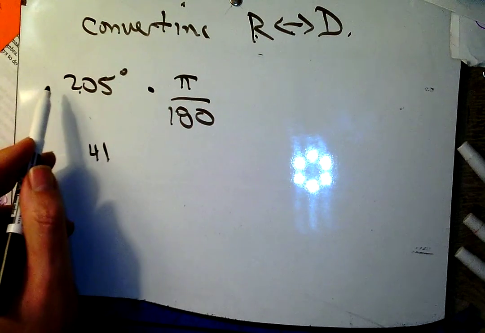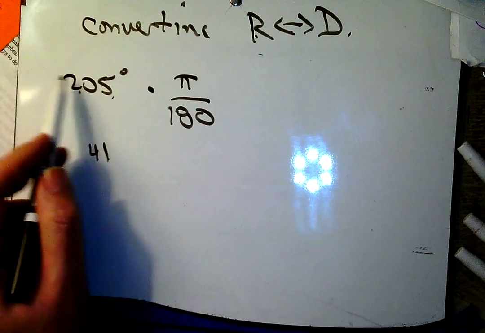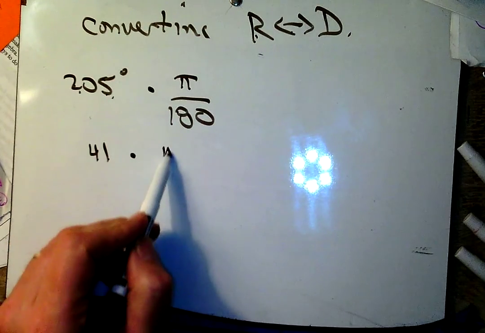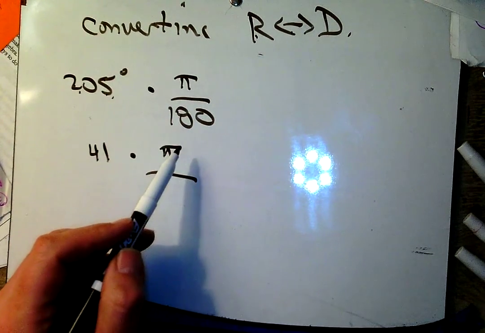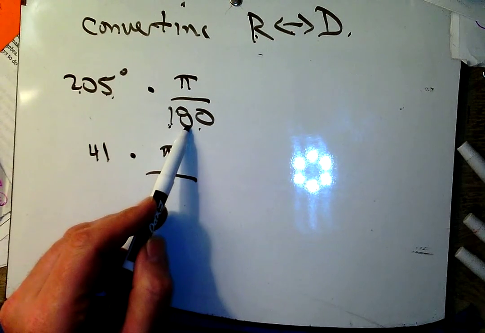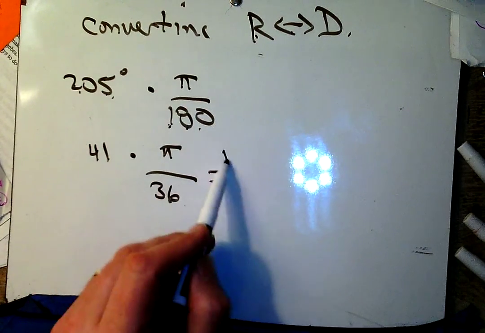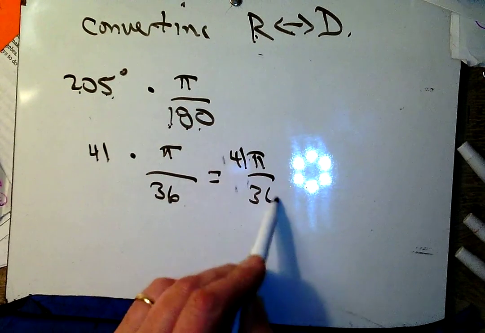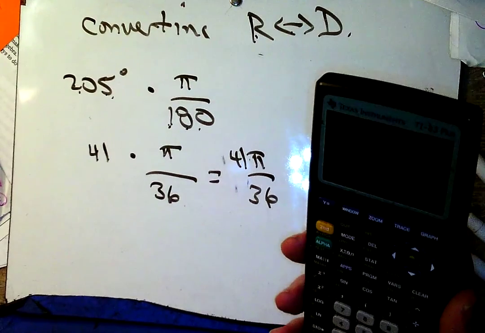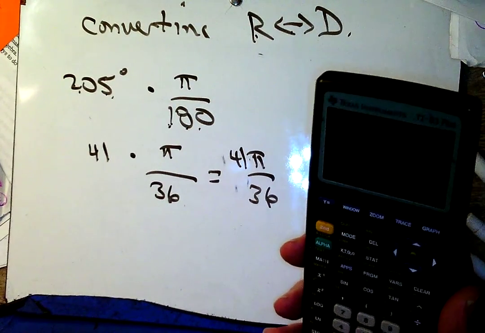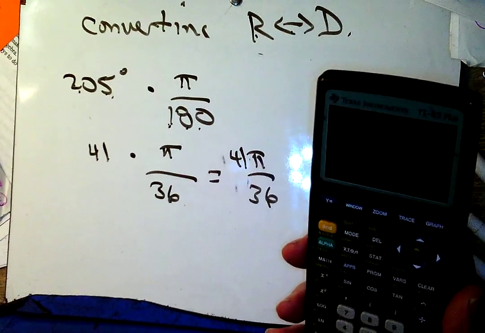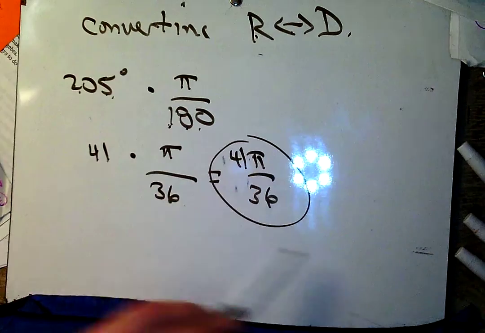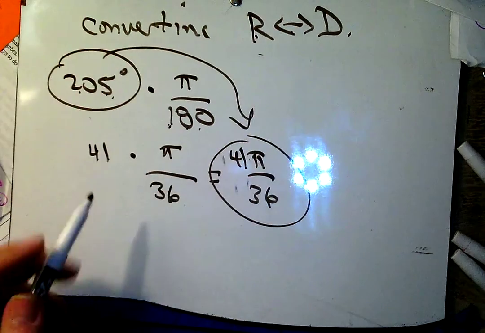Times pi over, and how many times does 5 go into 180? 36, and I get 41 pi over 36. I'm just going to check that the stuff I'm doing in my head is right. 205 divided by 5 is 41, good, and 180 divided by 5 is also 36. Fabulous. So we went from degrees to radians.